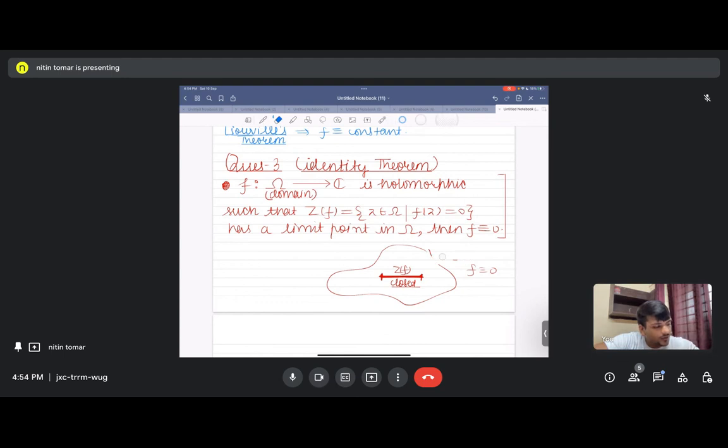If you are not comfortable with this language of limit points, then I should write another version. This is the first version. Now I'm writing a different version that you might be comfortable with.